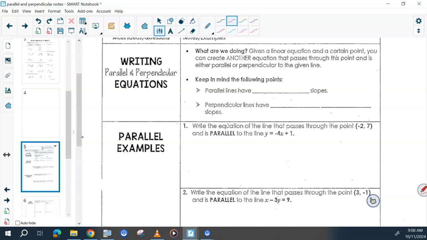Part of parallel and perpendicular lines is being able to determine if it is parallel, perpendicular, or neither from an equation, from slope, from a graph, which you'll do in Delta Math. The other part is being able to write an equation that's parallel or perpendicular. We have to keep in mind that parallel lines have the same slope and perpendicular lines have negative reciprocal slopes.